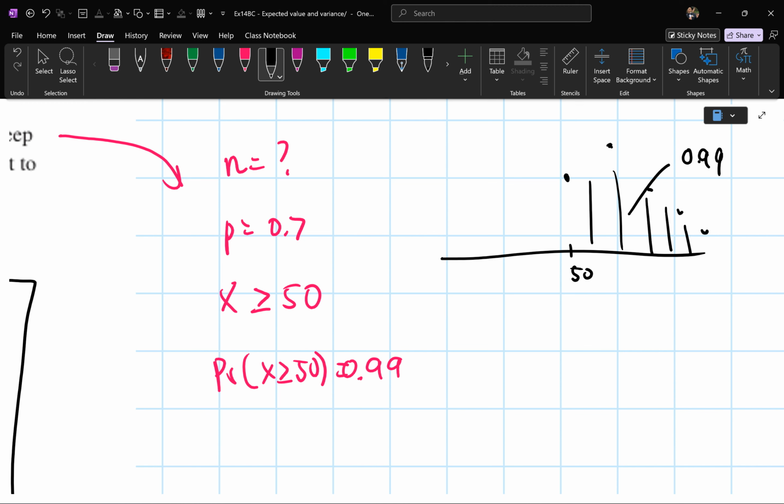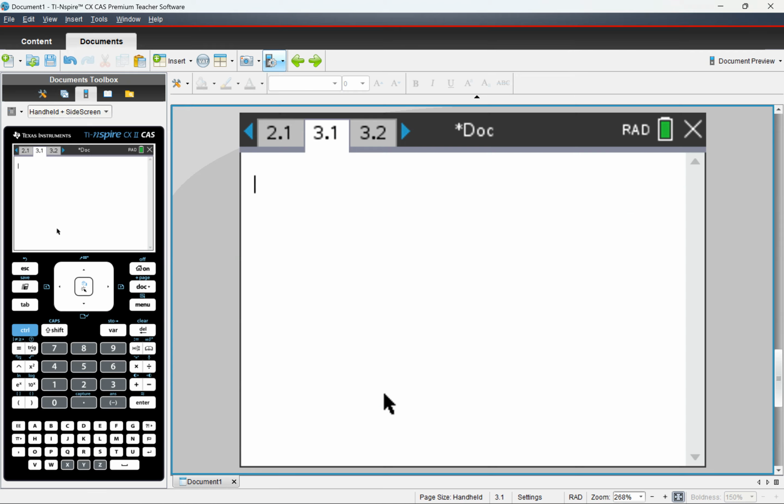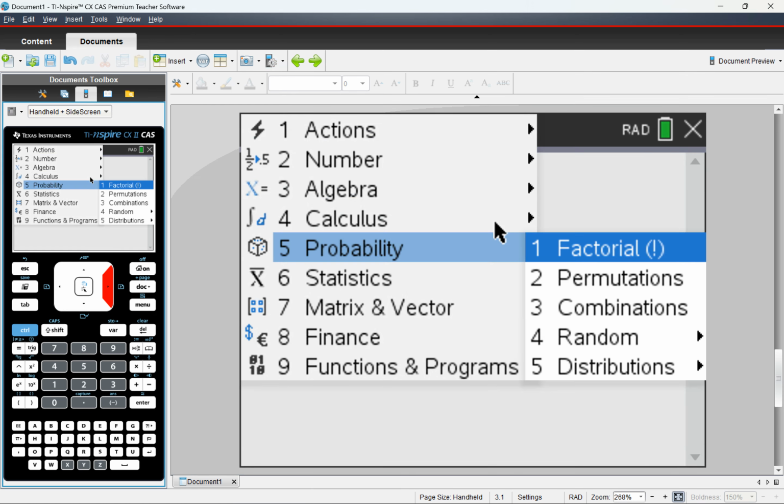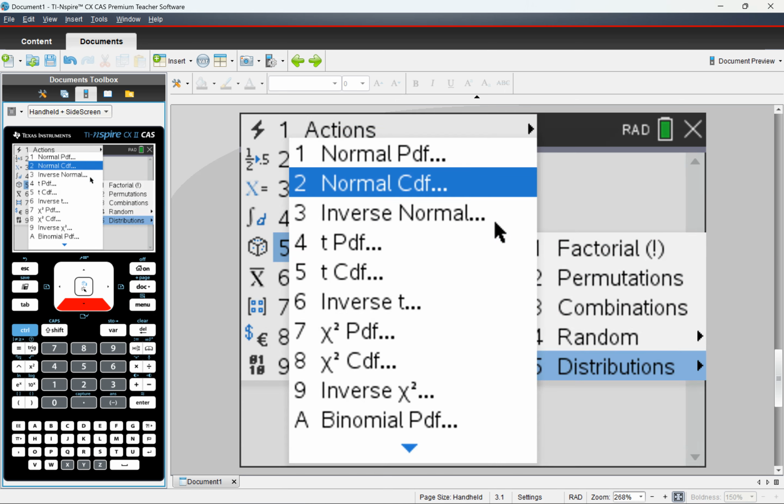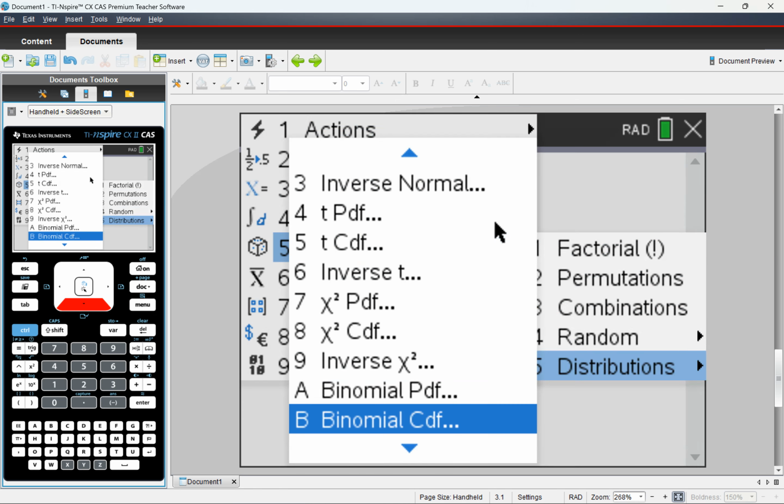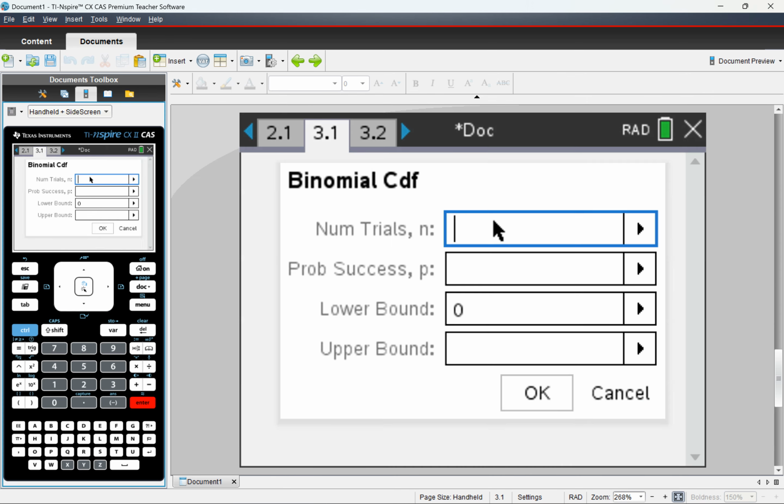So if you did binom CDF, cumulative probability, and just trial and error n. On my calculator, I'll do menu, probability, distributions, binom CDF, for those who don't know how to do trial and error.